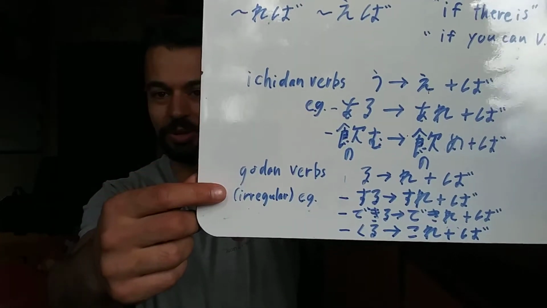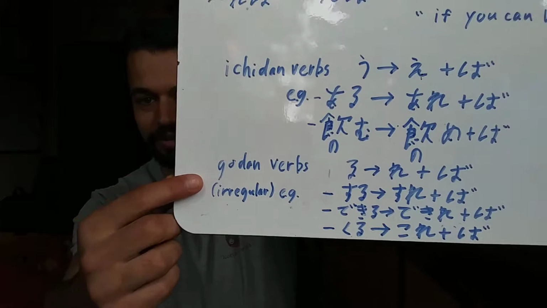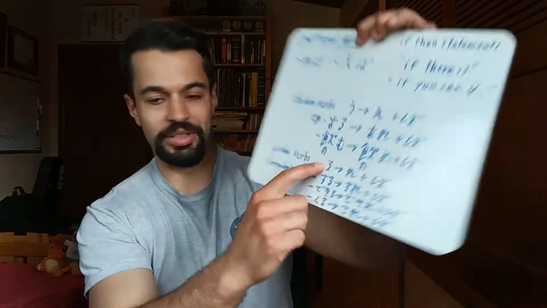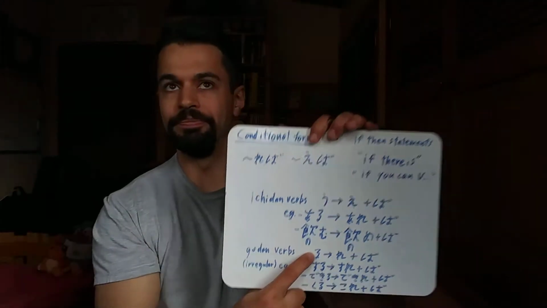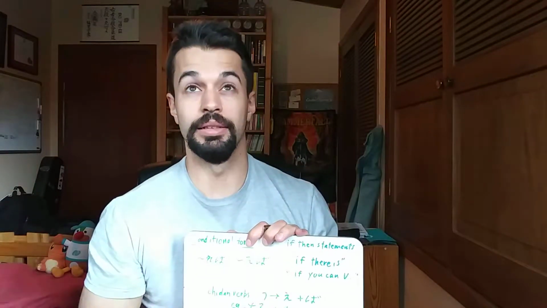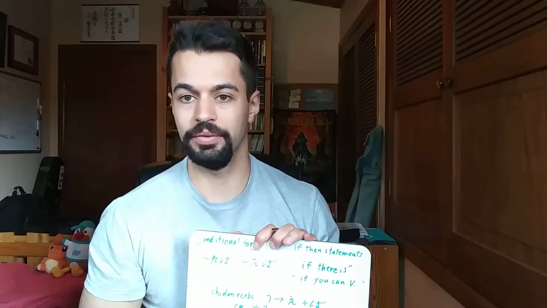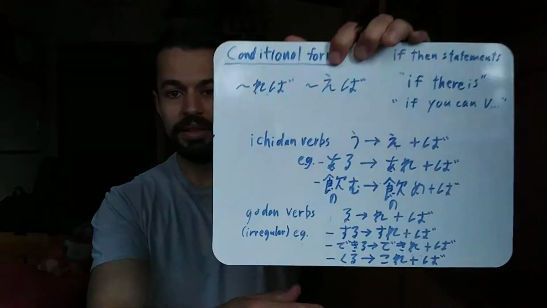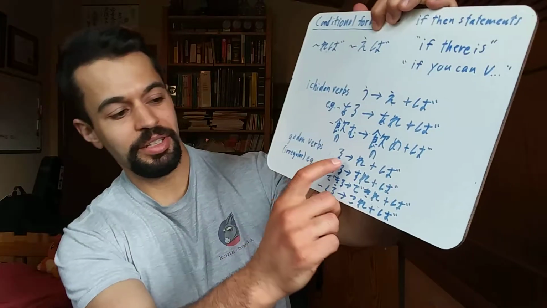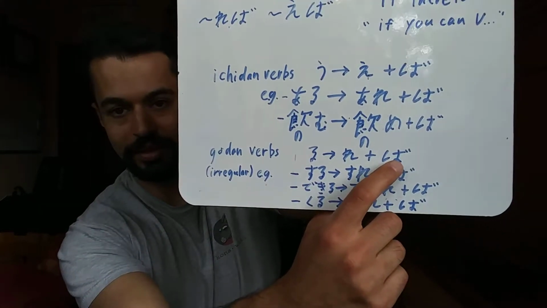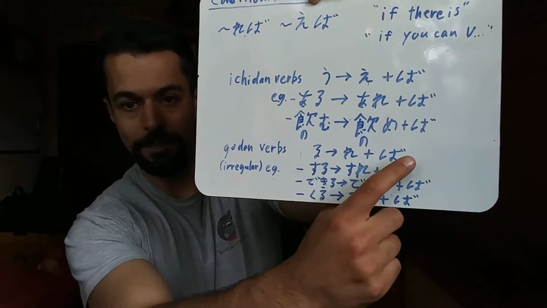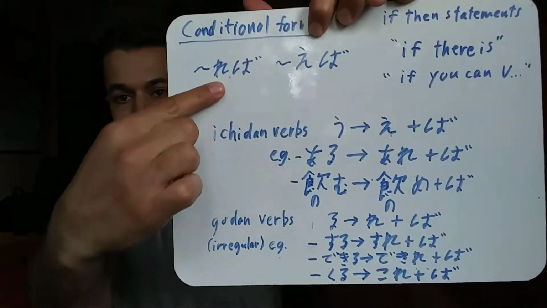Godan verbs, or irregular verbs as they're sometimes called. So these are the verbs that always end with ru. Suru, dekiru, hashiru, stuff like that. That one, basically the ru becomes re, and you put ba on the end. So reba, that's this one. れば.